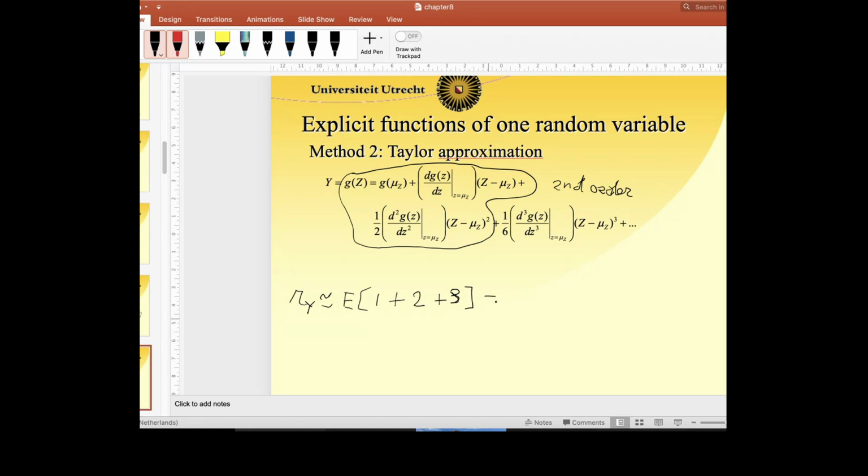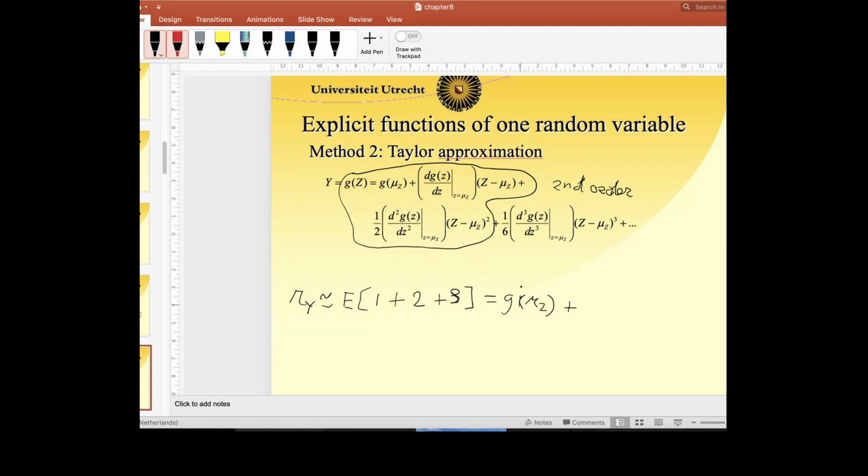Now if we do that, the expected value of this thing is equal to the thing itself, because it's a constant, it's the function g evaluated at mu z. The expected value of the second one, we already saw that this thing is 0, because this thing goes out of the expected value, and this is the expected value of z minus mu, so that's also 0.